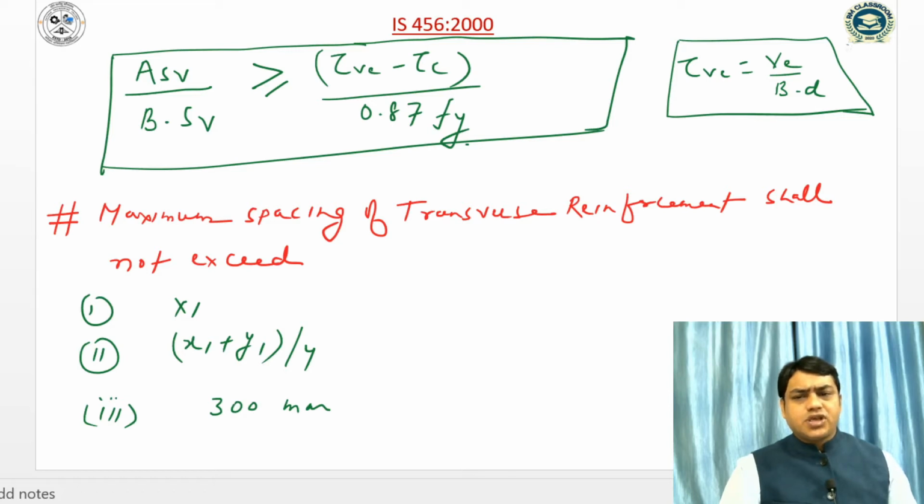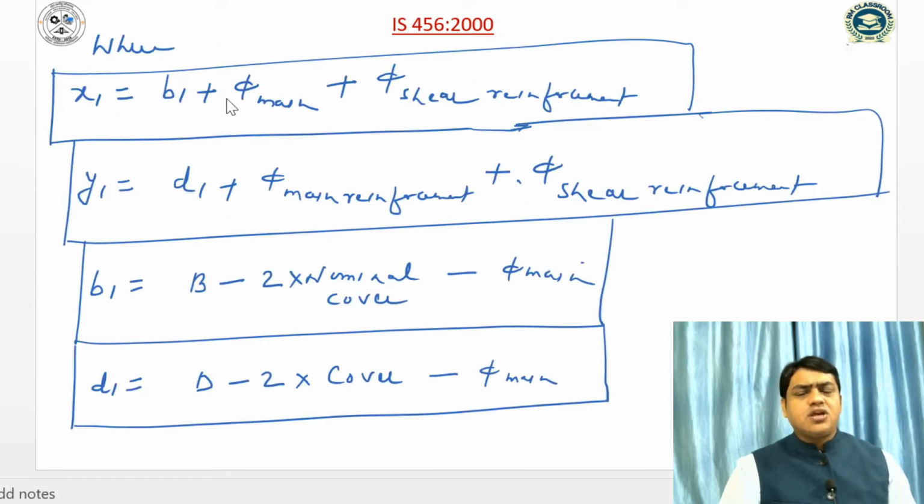So what are x1 and y1? x1 is b1 plus phi main plus phi shear reinforcement. Similarly, y1 can be computed as d1 plus the diameter of the main reinforcement plus the diameter of the shear reinforcement. And b1 and d1, I have already told you: b minus 2 into nominal cover minus diameter of the main reinforcement, and similarly d minus 2 into nominal cover minus diameter of the main reinforcement.